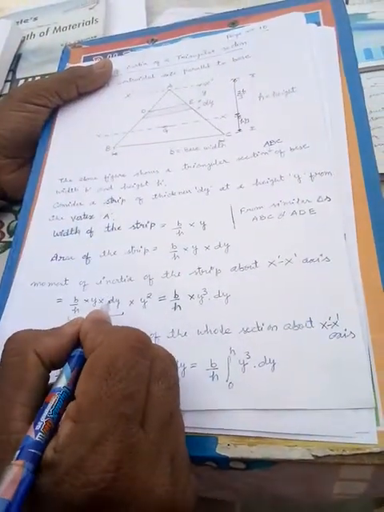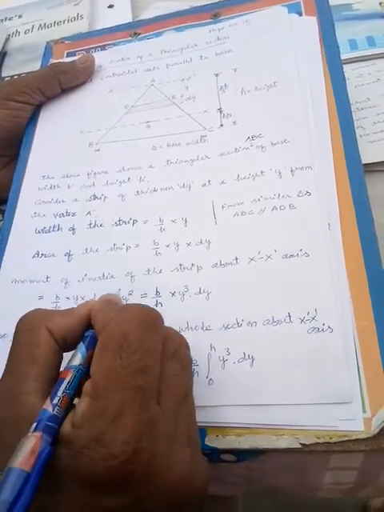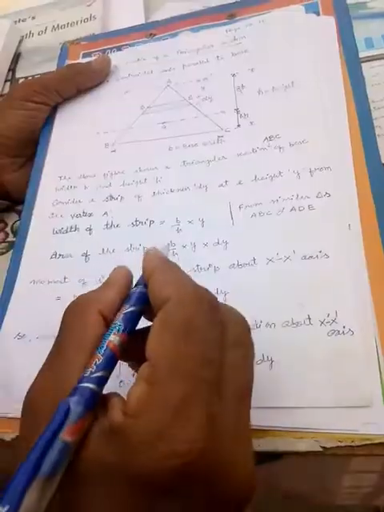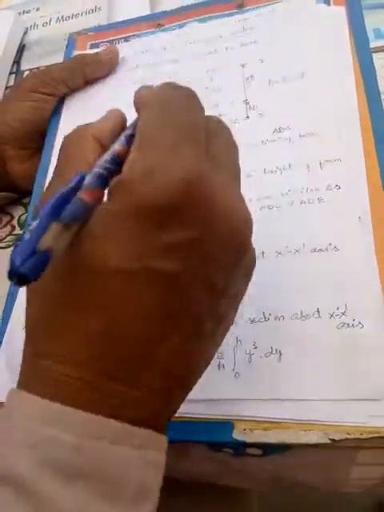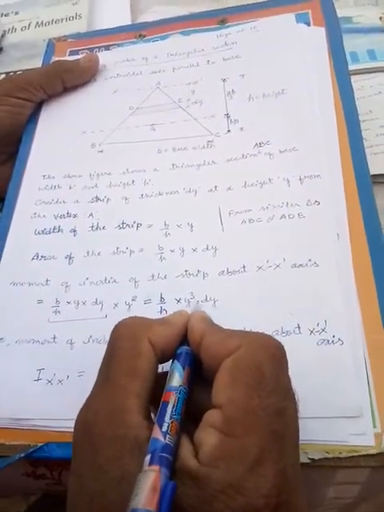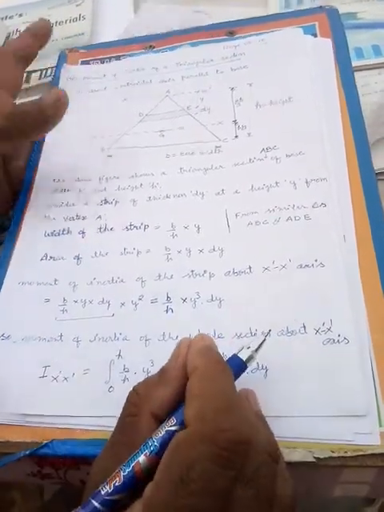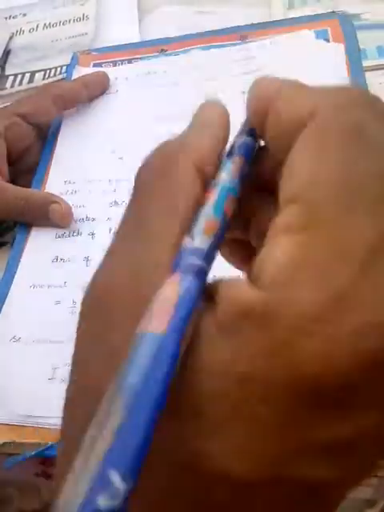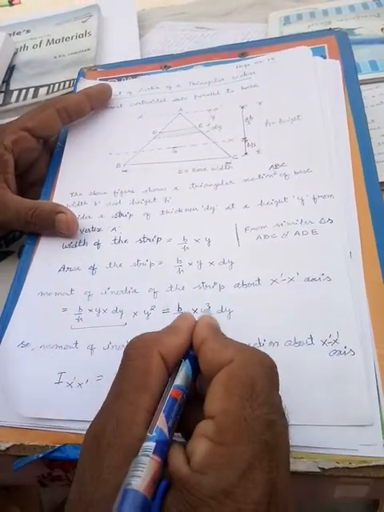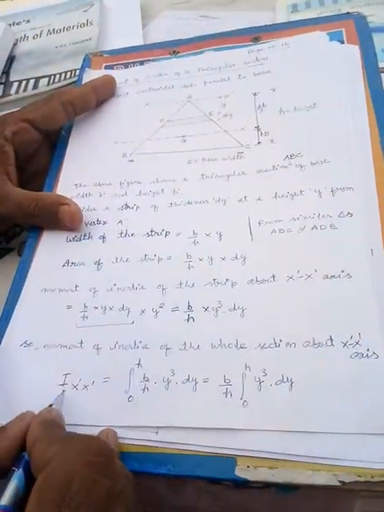From the definition of the moment of inertia, it is the product of the area and the square of the distance from the axis x dash passing through the vertex. So this is equal to b upon h into y cube into dy. Then the moment of inertia of the whole triangular section ABC about x dash is obtained by integrating this value within the limits from 0 to h. So I x dash is equal to b upon h, which is constant, times the integral of y cube dy from 0 to h.